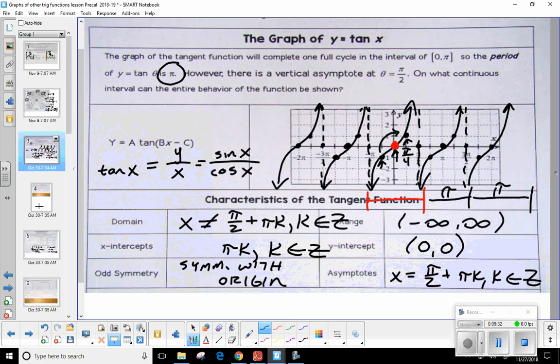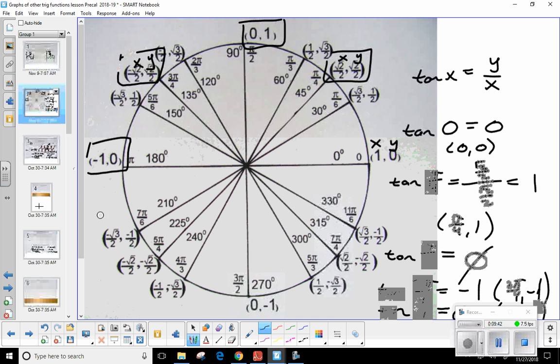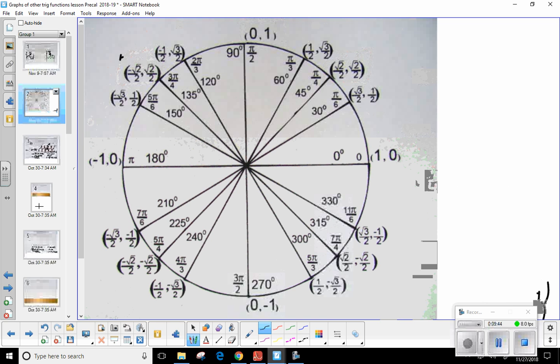For example, tangent's undefined at pi over 2, right? We kind of did this yesterday, but I'm just bringing everything together. Let's look at pi over 2 right here. Now remember, tangent always wants to take the y and divide it by the x, right?